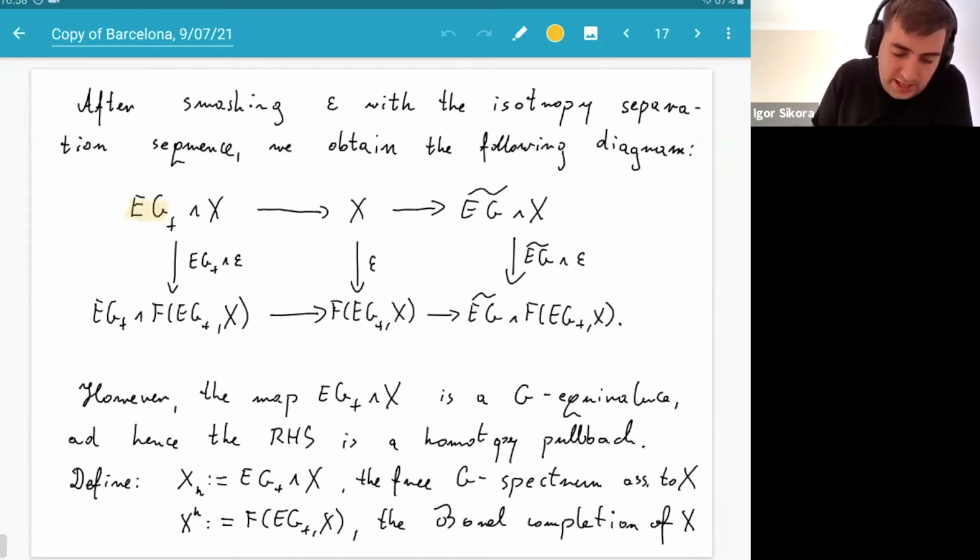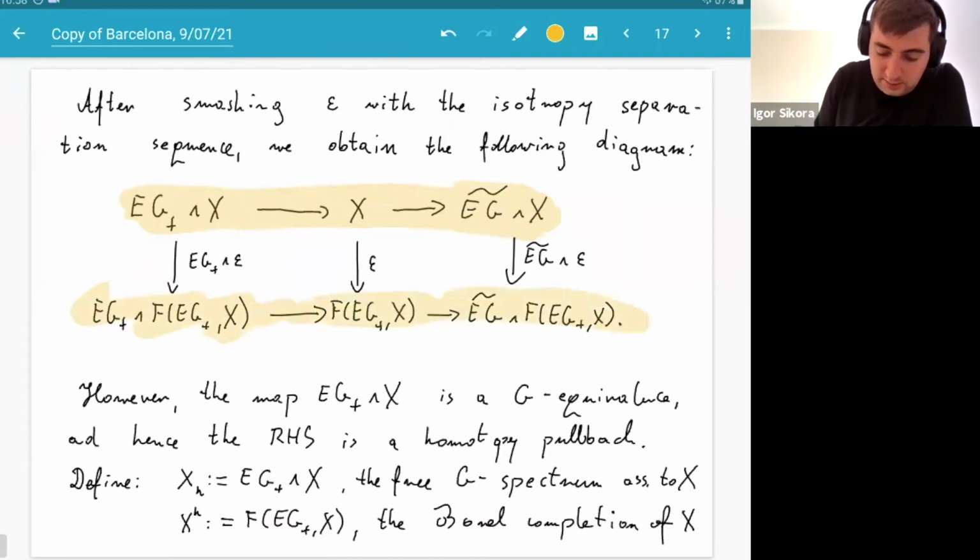Here we have X smashed with the isotropy separation sequence. Here we have F(EG plus, X) smashed with the isotropy separation sequence, and they are connected by respective smashes.